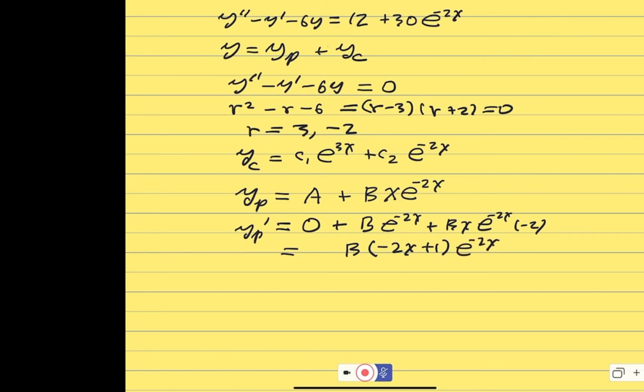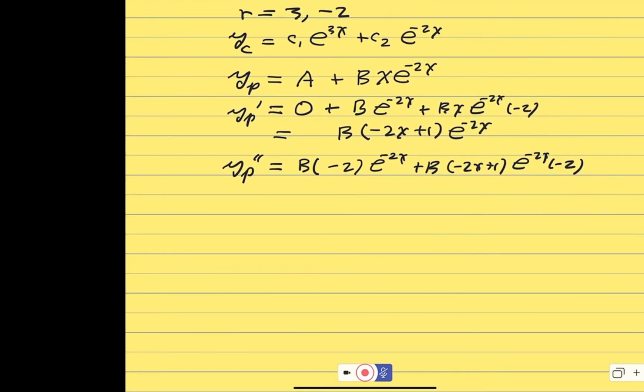All right. And we need another derivative. That is going to be b, the derivative of the first factor here, which is minus 2 e to the minus 2x, plus b times minus 2x plus 1 times the derivative of that second factor, which is e to the minus 2x times minus 2. Let's see, that simplifies down a bit.